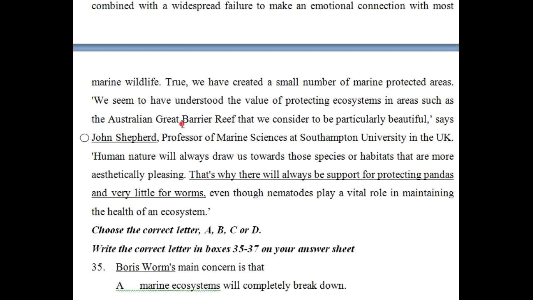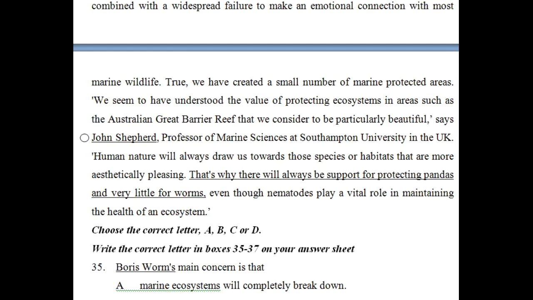What is he saying? Professor of marine biology in the UK: human nature will always draw us towards those species or habitats that are more aesthetically pleasing. Okay, they are saying that we are more attracted towards the beautiful creatures. That is why there will always be support for protecting pandas and very little for worms.